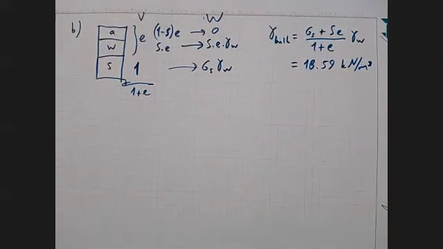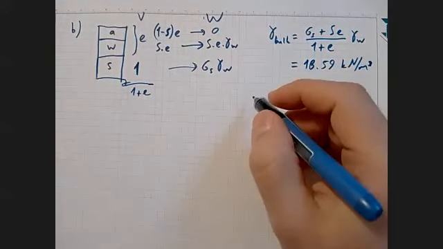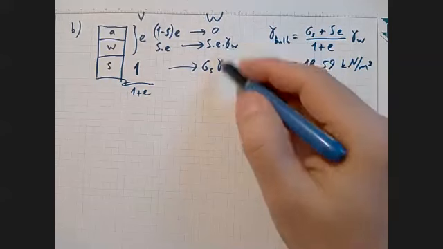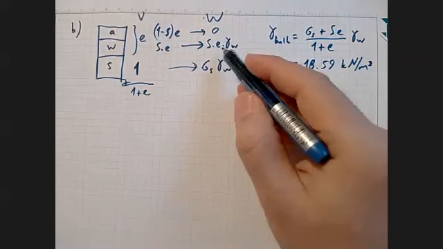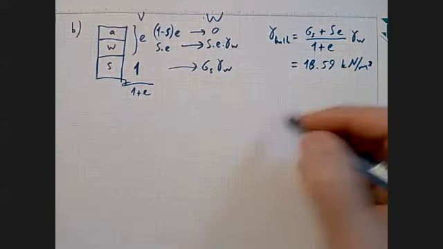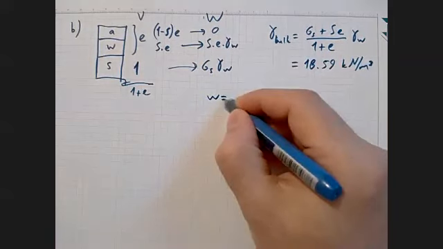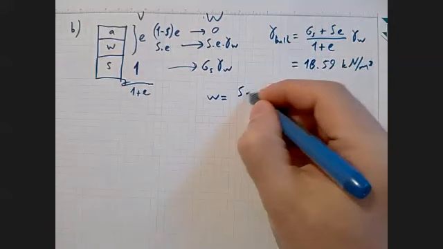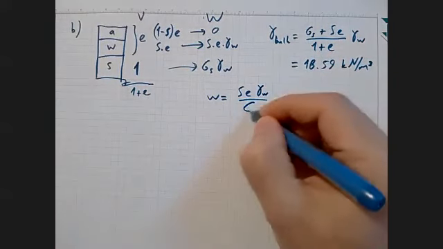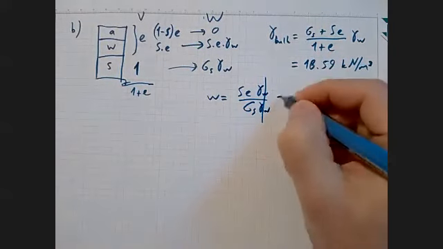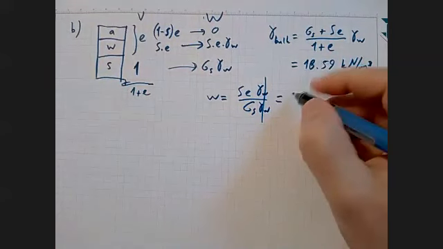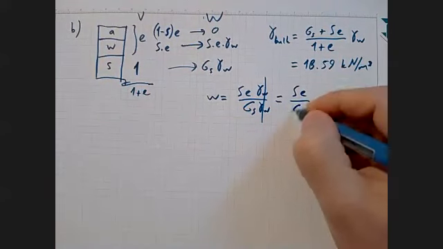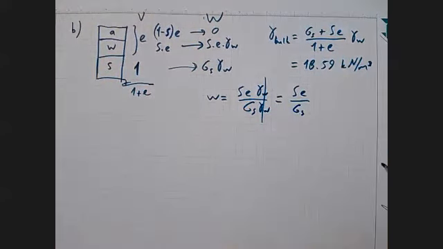And my water content is easier. It is simply the ratio of these masses. So actually, if I write from these two, my water content is going to be S E gamma_water over G_S gamma_water, where the gamma_waters cancel. So S E over G_S.